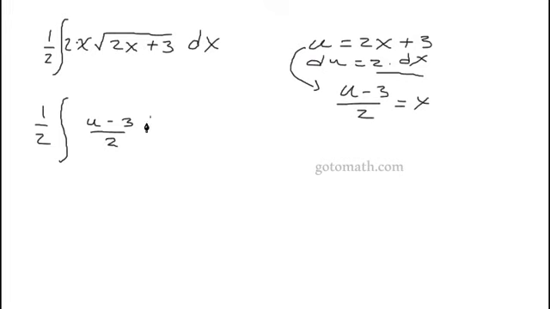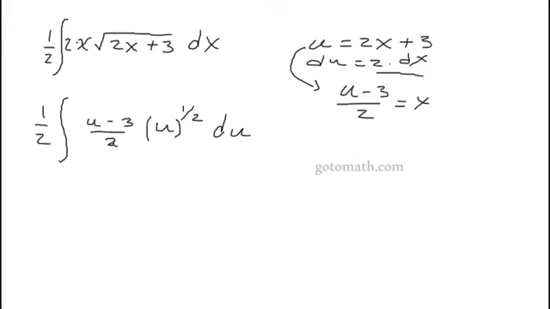And then I'm going to get this out of radical form and into exponential form. This becomes u raised to the half. I didn't have to put that in parentheses, but I did it anyway. And the 2 and the dx get replaced with the du.